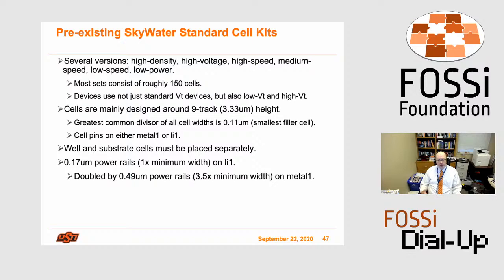The greatest common divisor of all the cells is about the same as ours, which is 110 nanometer, and the cell pins are not just on metal 1, but also on LI1, which does cause some problems. The well and substrate taps don't have to be placed separately, and the power rails are not very thick. You can see the local interconnect is only 1 times the minimum width, whereas the metal 1 is 3.5.